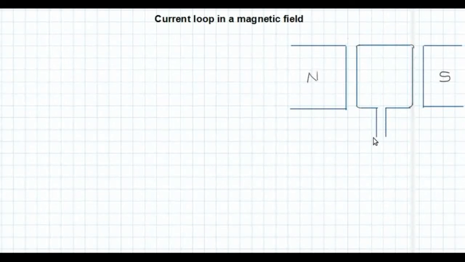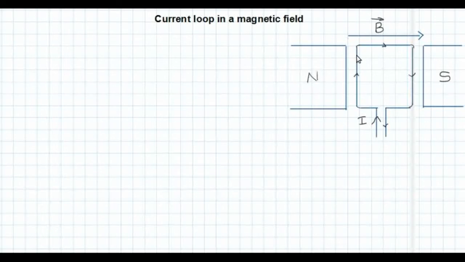When a current flows through this coil, a magnetic field is produced which will interact with the external field, which is the B here, and as a result the interaction of these two fields will result in a rotation of this coil. This uniform magnetic field is produced by the north and south poles. Current I is flowing through this rectangular current loop.